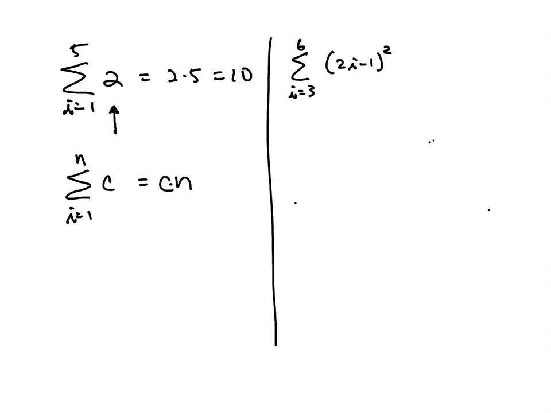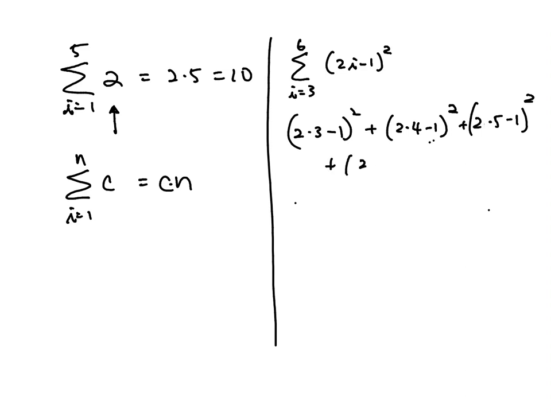So here we go. So this is 2 times 3 minus 1 quantity squared plus 2 times 4 minus 1 quantity squared, and plus 2 times 5 minus 1 quantity squared, and plus 2 times 6 minus 1 quantity squared.